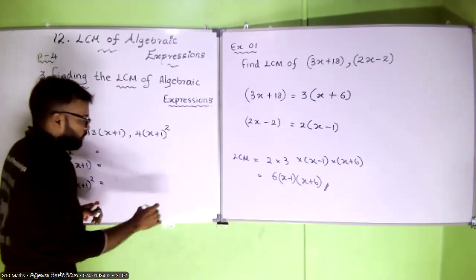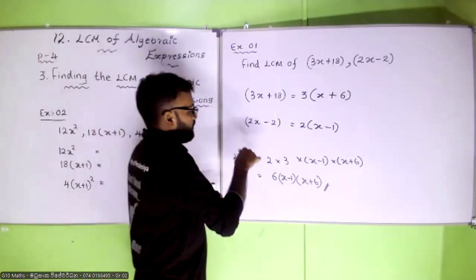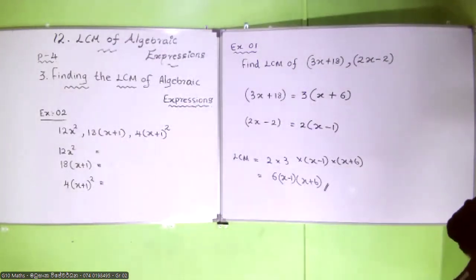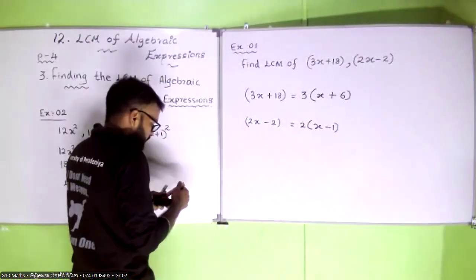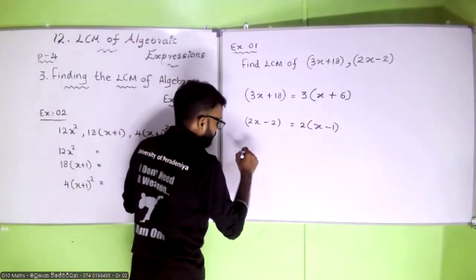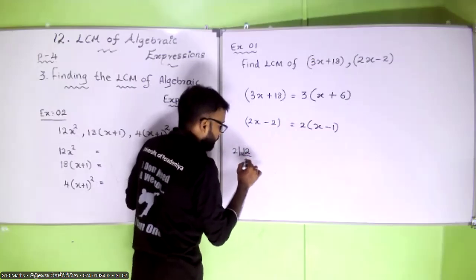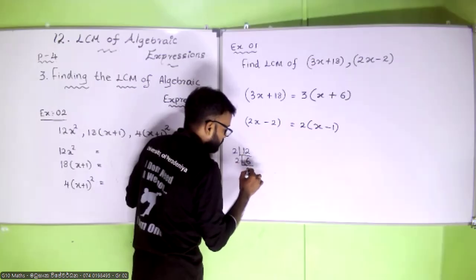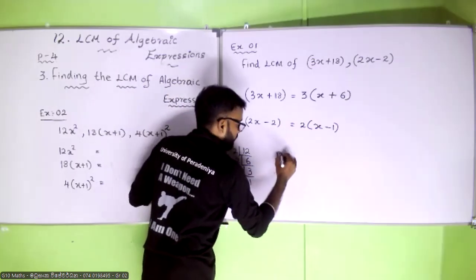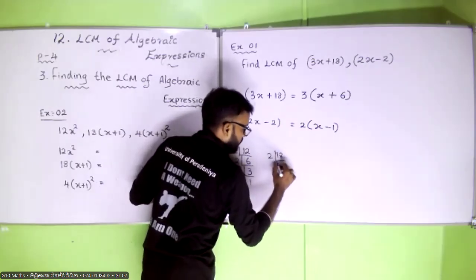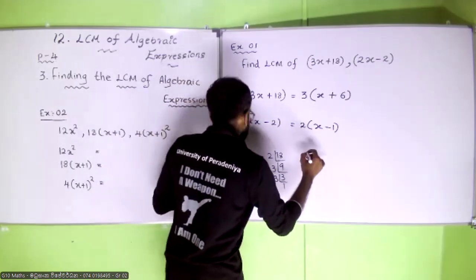So you know how to represent 12 by using the product of its prime factors: 2 times 6, 2 times 3, 3 times 1. And 18: 2 times 9, 3 times 3, and 3 times 1. And 4.